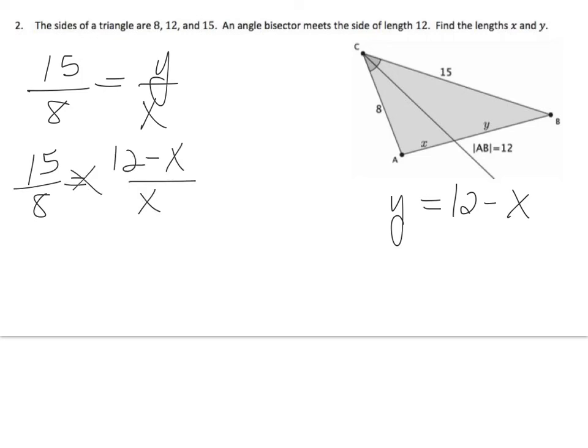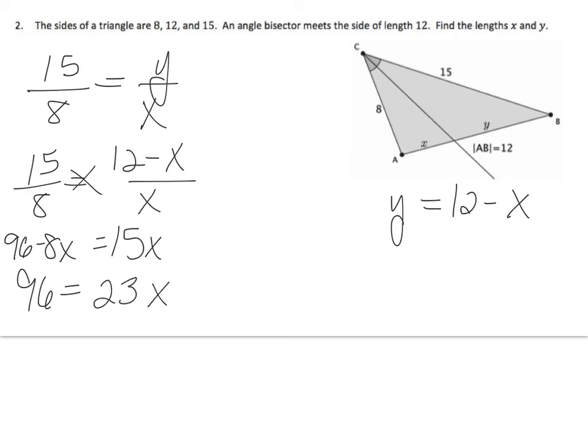Do our cross products. 15x equals 96 minus 8x. Add 8x to both sides. And then divide. I think I can do that without a calculator.